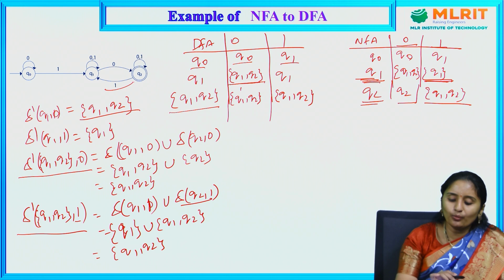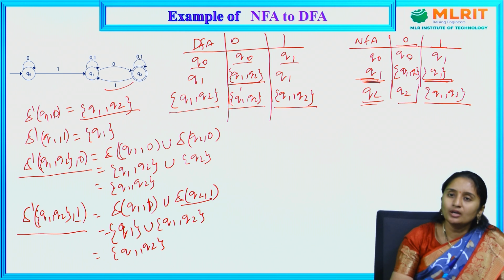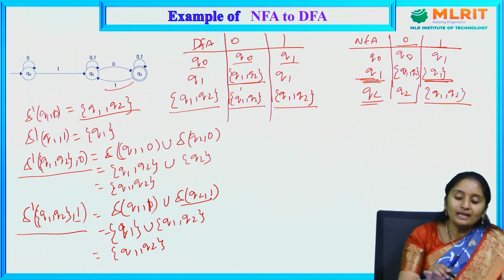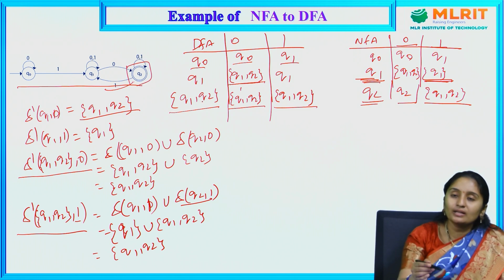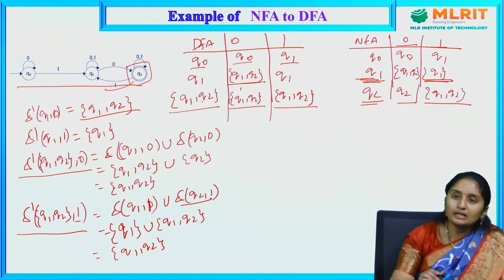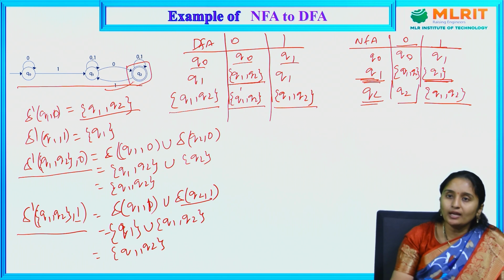When I apply Q1, Q2 on 0 input I got Q1, Q2, and on 1 input again Q1, Q2. Still no new states are generated. Even though in our NFA diagram I have Q2, when constructing the DFA diagram I didn't get any Q2 state alone.